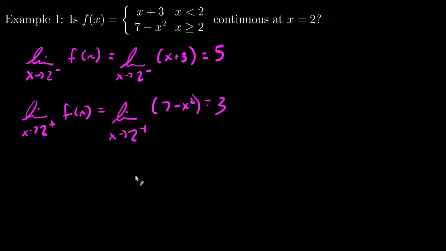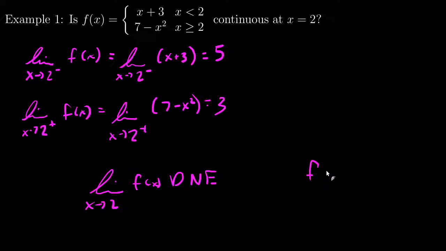Since these do not equal the same thing, the limit as x approaches 2 of f of x does not exist, and therefore cannot equal the value. So f of 2, I put the 2 into this function, equals 3. And so the answer is no, it is not continuous.